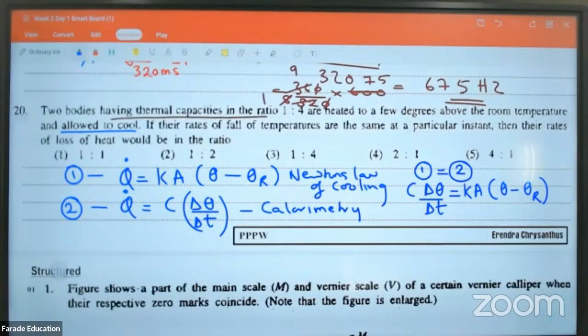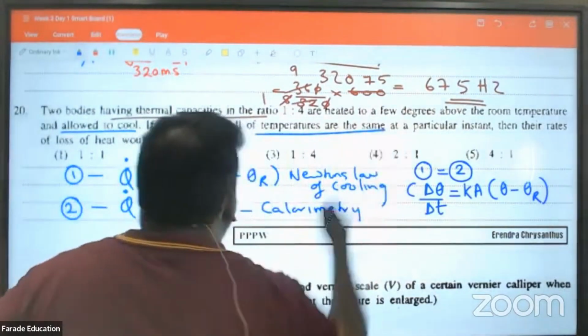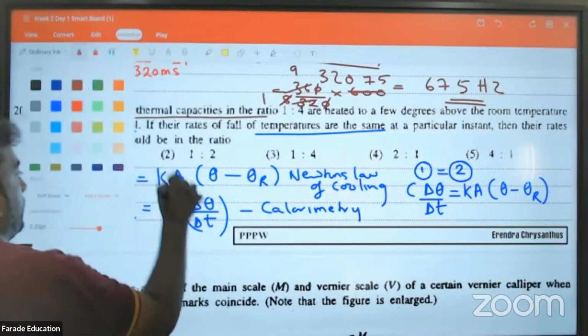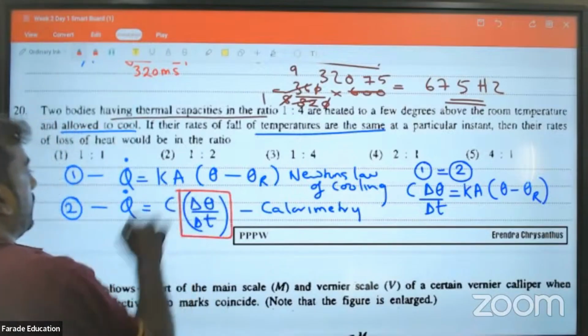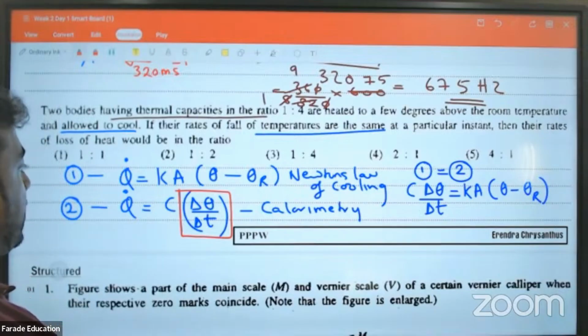They are giving you a very interesting connection. They are telling you that if the rates of fall of temperature are the same, then their rates of heat loss will be in the ratio, right?